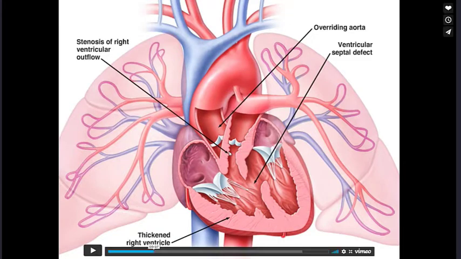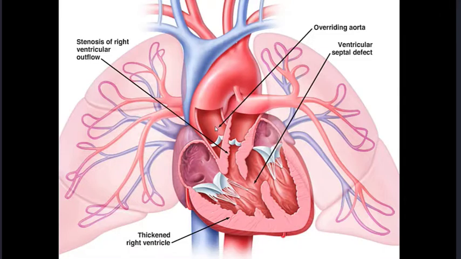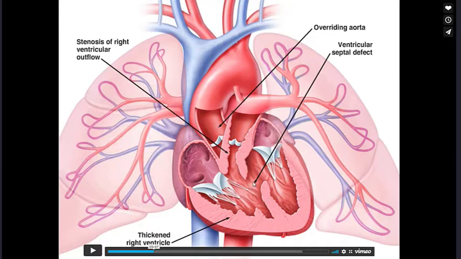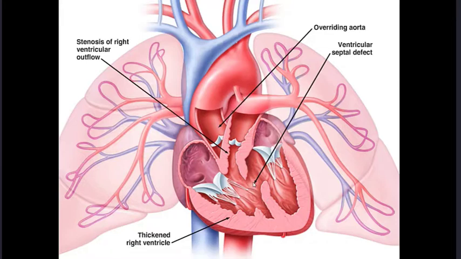Another issue you have is here, the overriding aorta. What that means is the aorta is a lot more anterior than it should be. So it's basically pressing down on the pulmonary trunk, also restricting blood flow. And our last issue is here, a VSD, a ventricular septal defect. This is basically a hole between the right ventricle and the left ventricle.